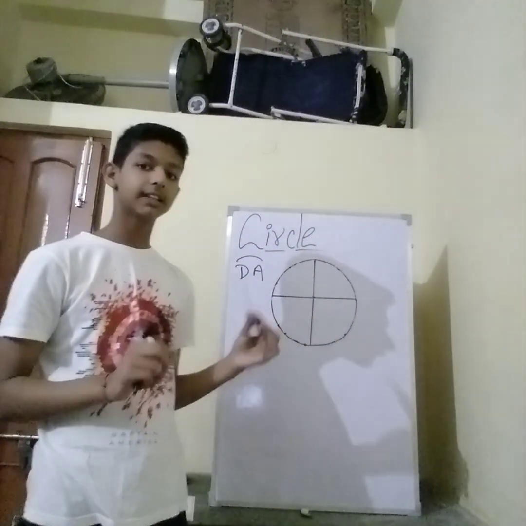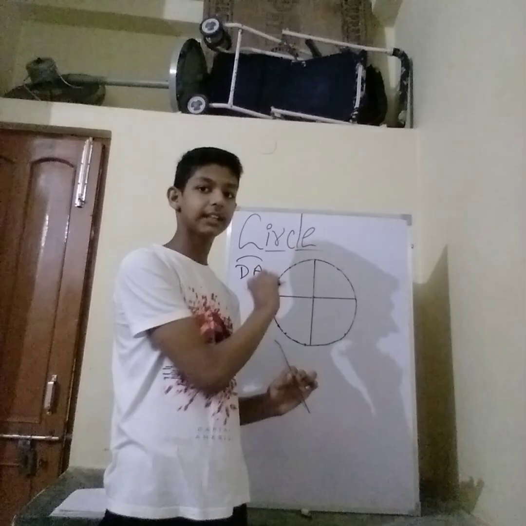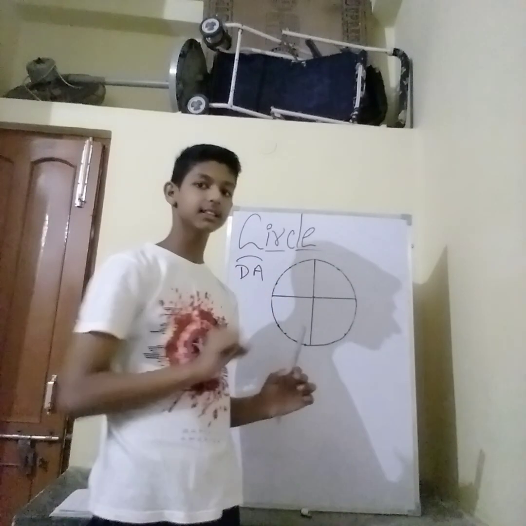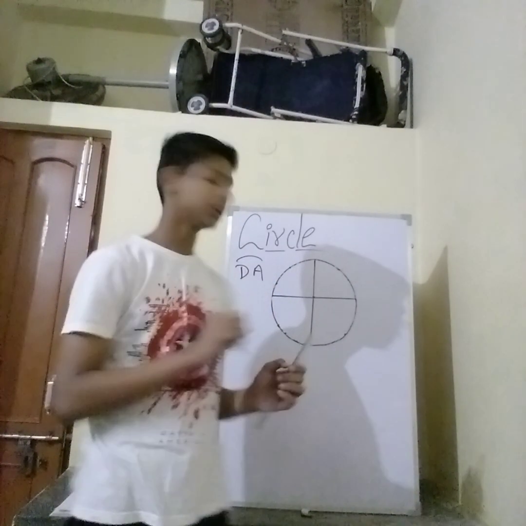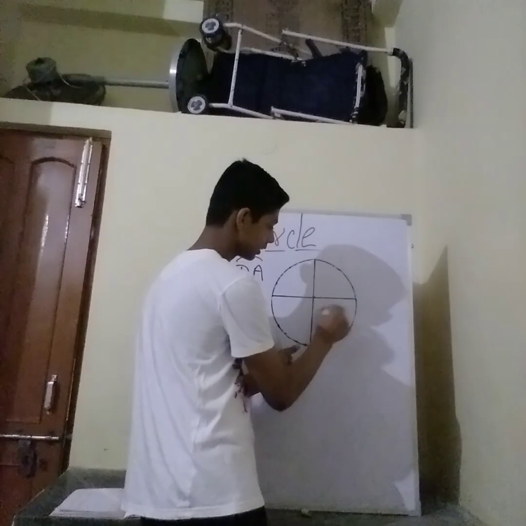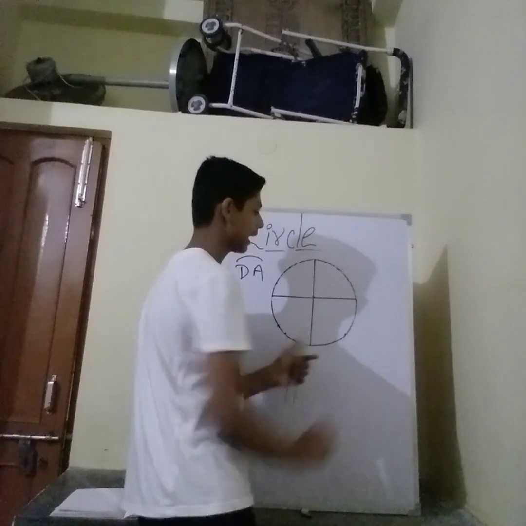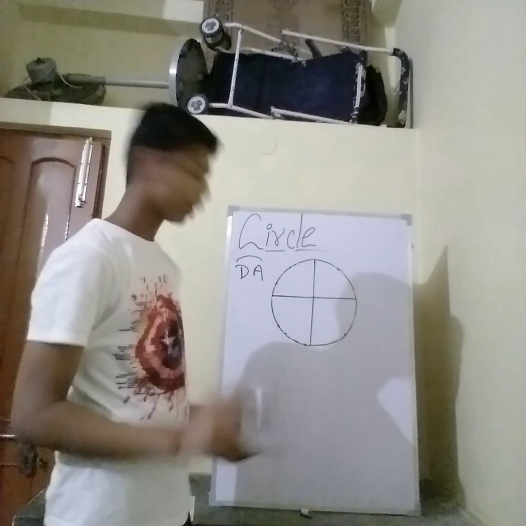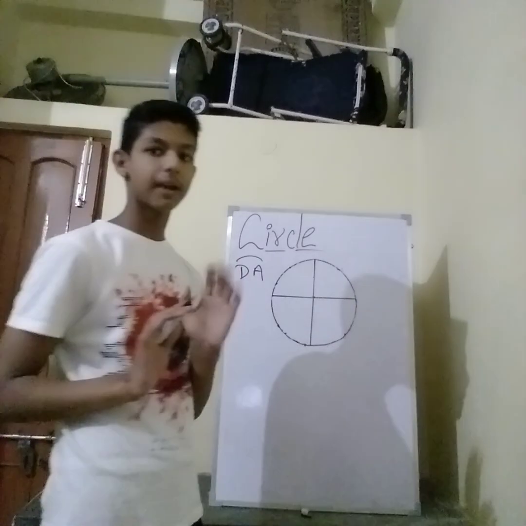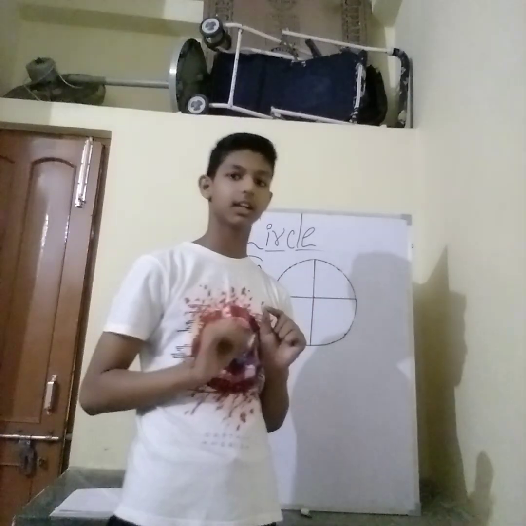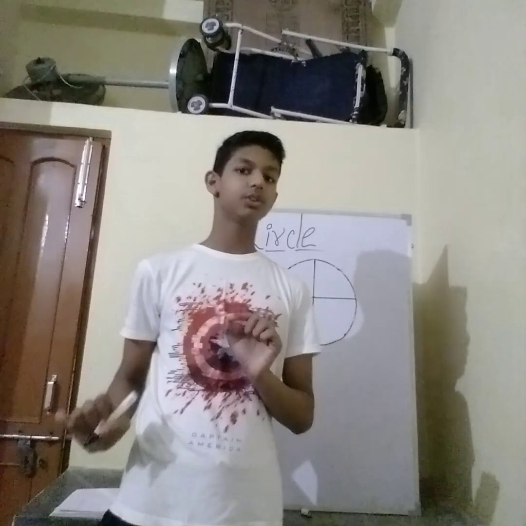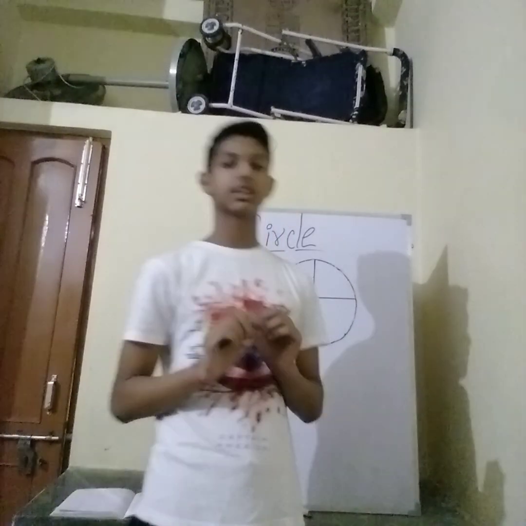Each part we can call a quadrant of a circle. This part will be called a quadrant of a circle. 1/4 of the area of the circle can be concluded as a quadrant of a circle.